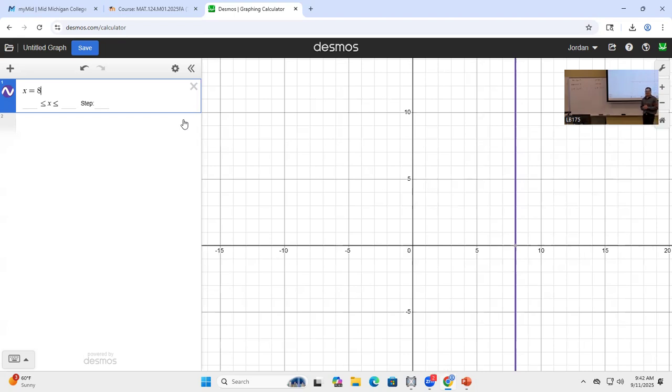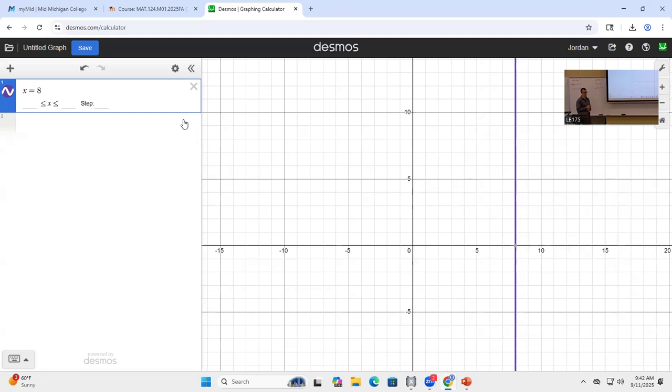Vertical lines, as far as slopes go, have slopes that are either, you can describe them as undefined, or you can describe it as infinite.